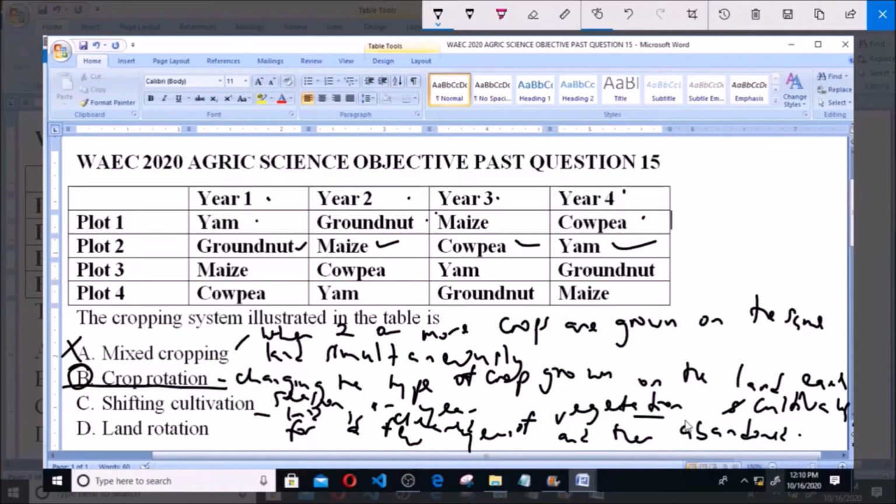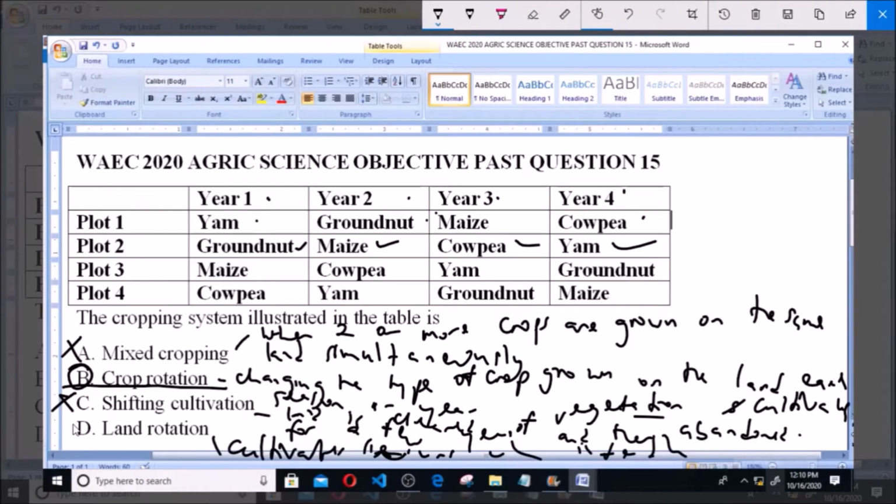As you can see, it is not what we have here, and it is not the answer. And lastly, option D, which is land rotation, is similar to shifting cultivation, but in land rotation, the farmer cultivates the piece of land for a time and then leaves it for another land when it becomes infertile. Of course that is not the case here, so it is incorrect.